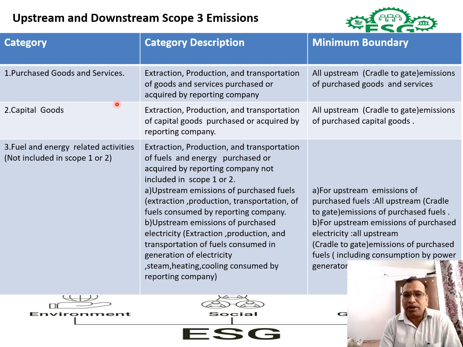All upstream cradle-to-gate emissions, that is from inception to final stage, of the purchased goods and services are to be captured in Scope 3 emissions under this category. Then capital goods: here purchased goods are replaced by capital goods, such as extraction, production and transportation of capital goods purchased or acquired by the reporting company. Here also all upstream cradle-to-gate emissions of purchased capital goods are to be captured.